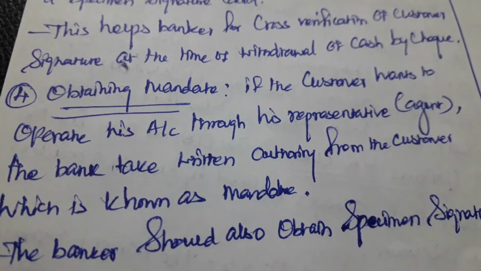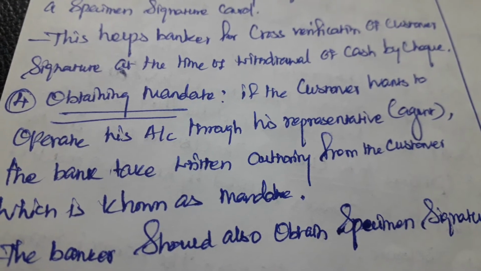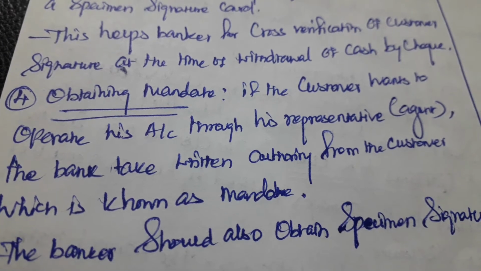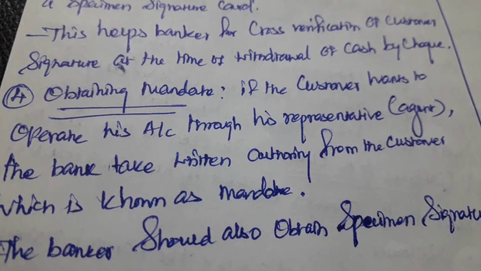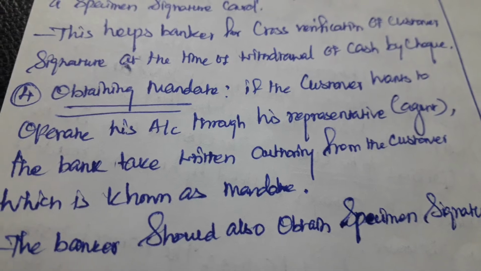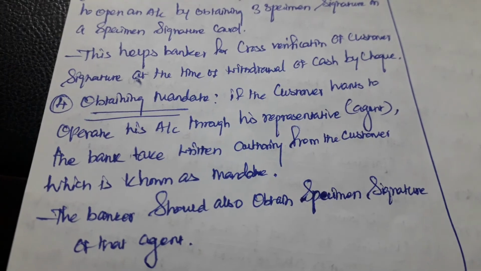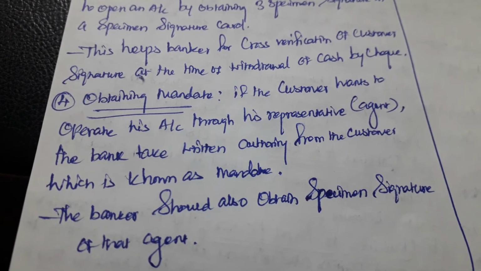The fourth one is obtaining mandate. If the customer wants to operate his account through his representative or agent, the bank takes written authority from the customer which is known as mandate.